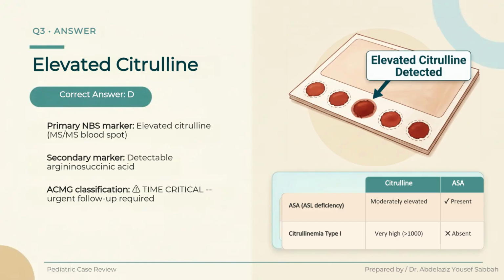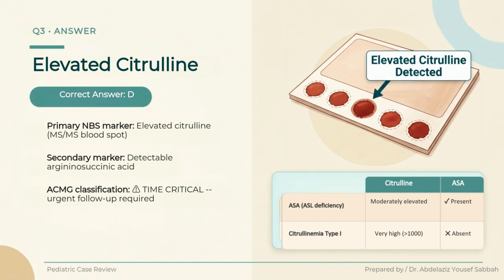The correct answer is option C, elevated citrulline. Newborn screening by tandem mass spectrometry detects elevated citrulline as the primary marker for argininosuccinic aciduria because citrulline accumulates proximal to the enzyme block. Argininosuccinic acid itself can serve as a detectable secondary marker that supports the diagnosis.